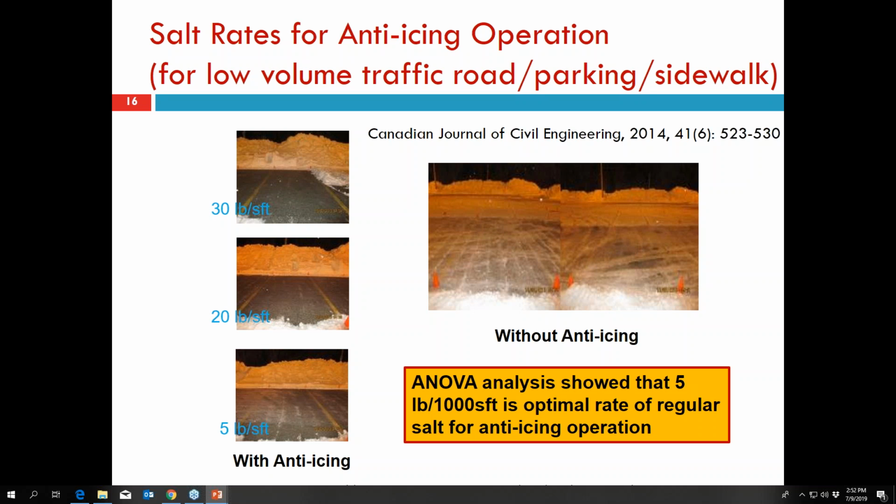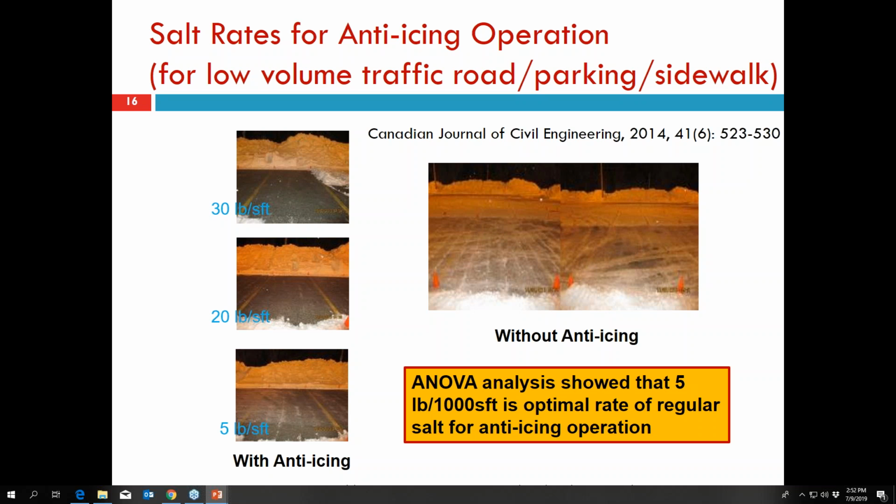So we tried to understand what is the minimum salt rate needed to prevent the bonding. Again, the objective of anti-icing is not to melt the snow. The objective of anti-icing is to prevent the bonding, so you can easily plow off when snow stops.